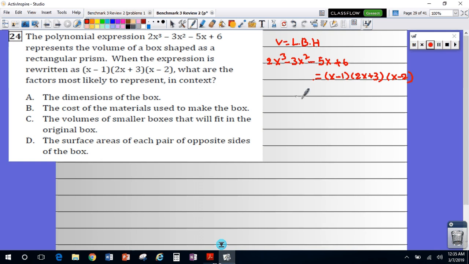Okay, now this represents what? Length, breadth and height. So those are the dimensions of the box. Option A is right here.